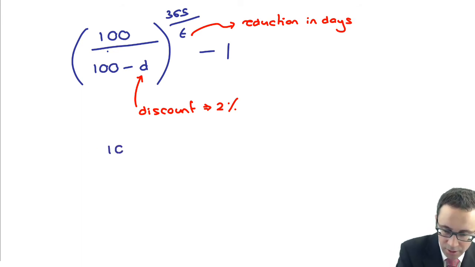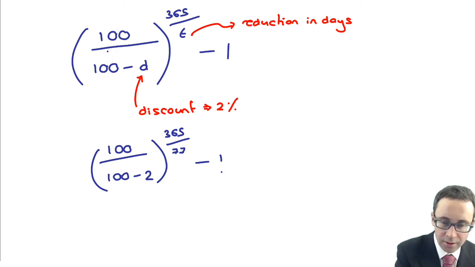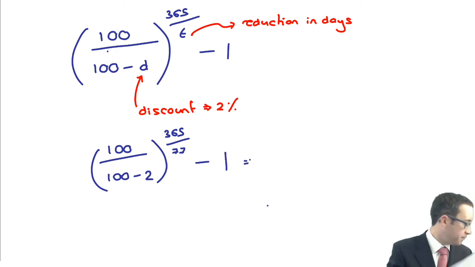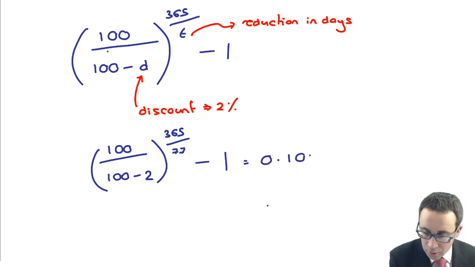So here we had 100 over 100 less 2, to the power of 365 over 77, subtract 1. If I reach for my calculator, 100 divided by 98, to the power of 365 divided by 77, subtract 1, gives me 0.1005, which is the equivalent of 10.1%.